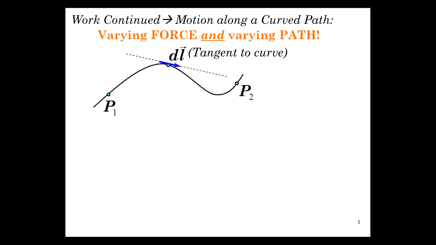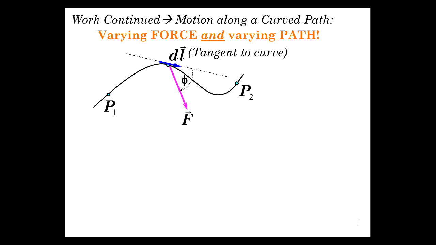Of course, this little differential is way too long, but it's in the direction of the path, and it's infinitesimal in size, always tangent to the curve. Now the force right at this point, over the interval of dl, is as given. We know from this particular curve that the force would have to be underneath the inside of the curve.